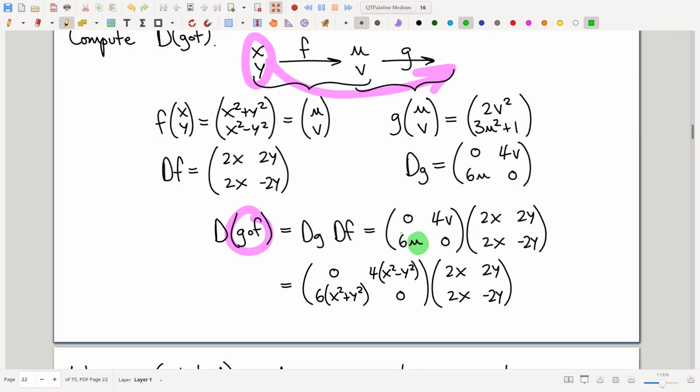What was the deal with u? Oh yeah, u was our first input to G, which means it's our first output from F, which means it's x squared plus y squared.